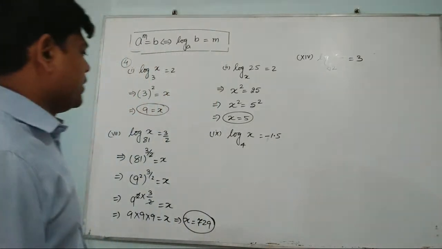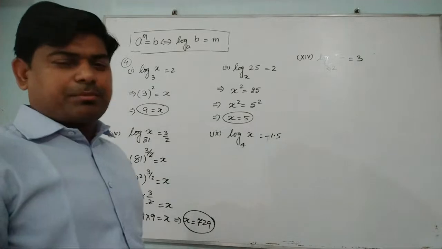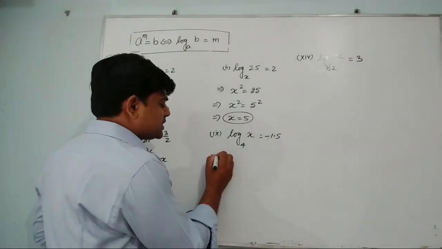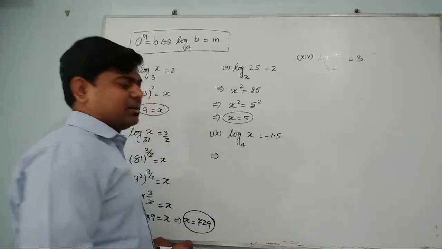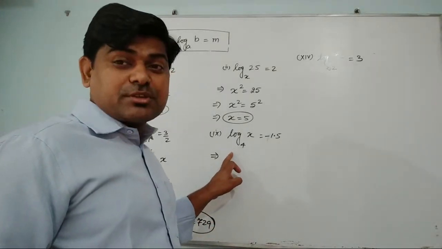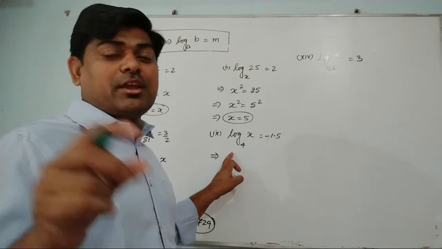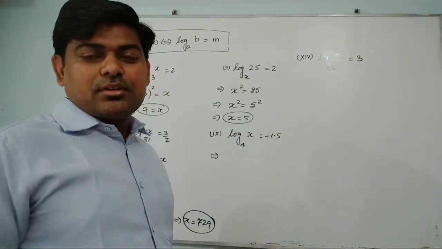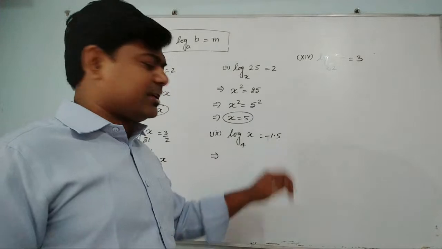Okay, the same way we can move here. What happened? You can see this implies, actually before writing directly, it is in exponential form. I would like to write one more line in a logarithm form. Why is it required? Actually we are having a decimal.